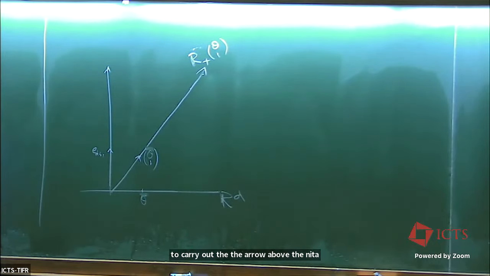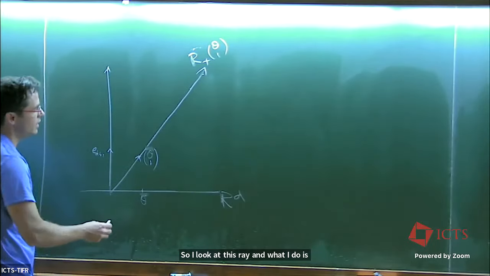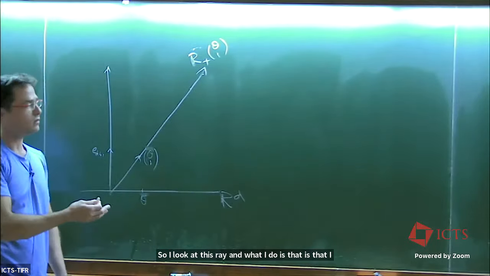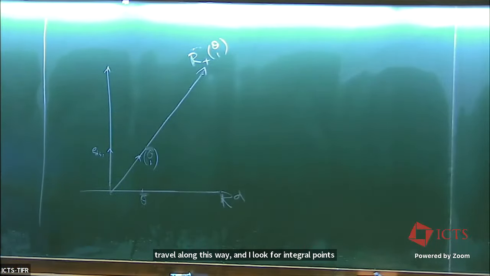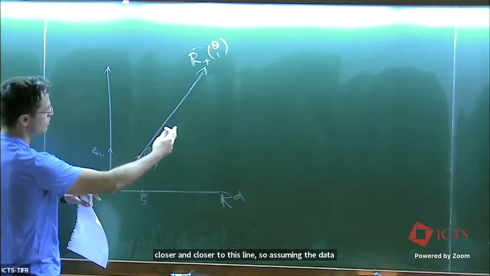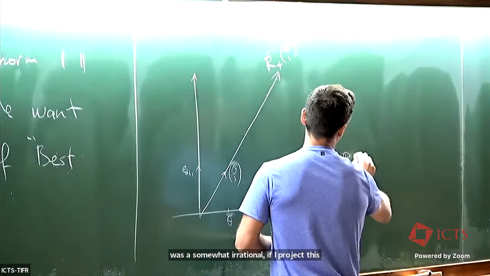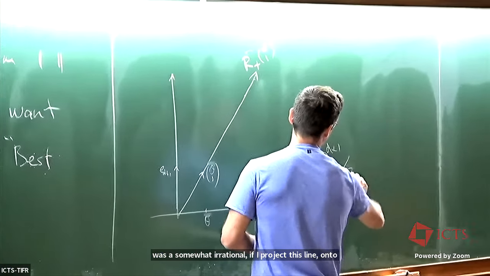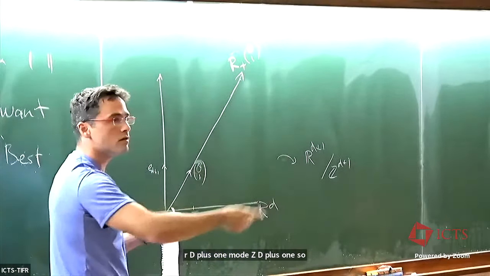I look at this ray, and I travel along it, and I look for integral points closer and closer to this line. Assuming that theta was somewhat irrational, if I project this line onto R^(d+1) mod Z^(d+1), this line wraps around.